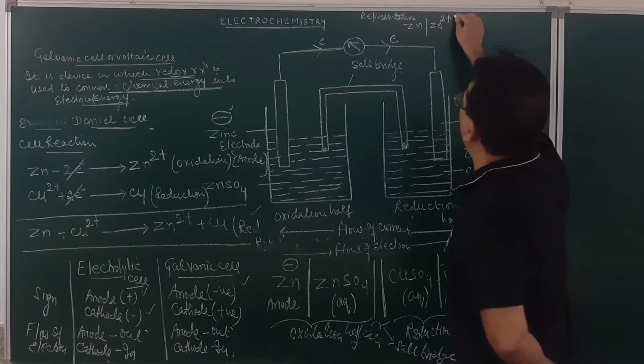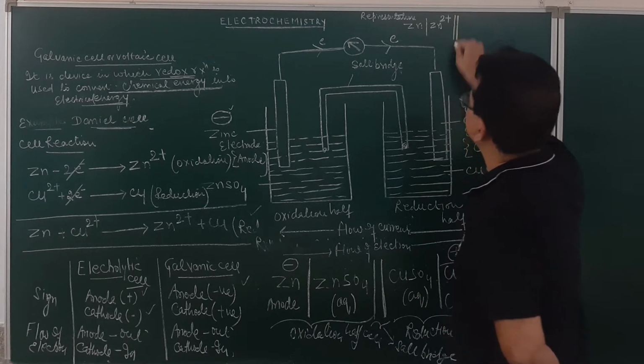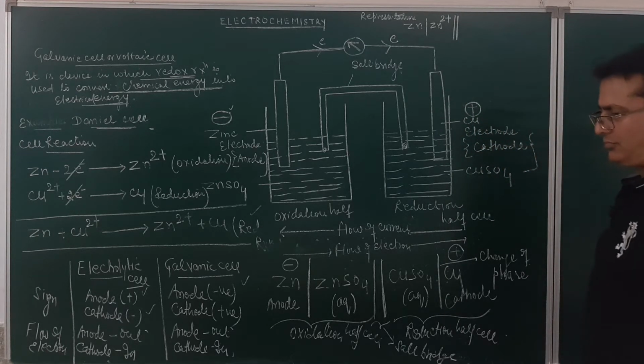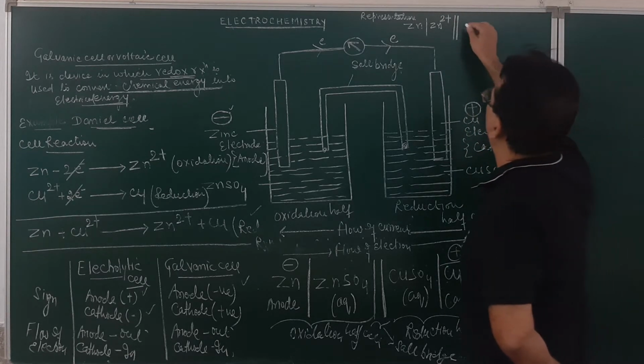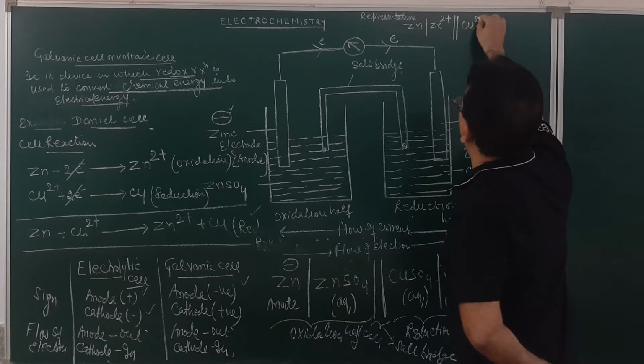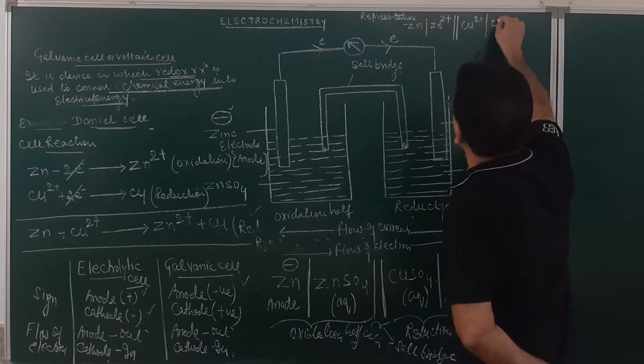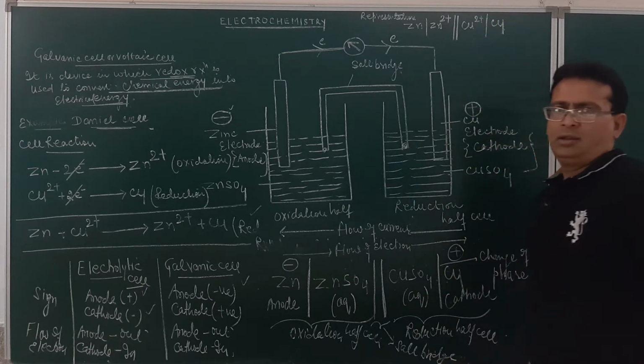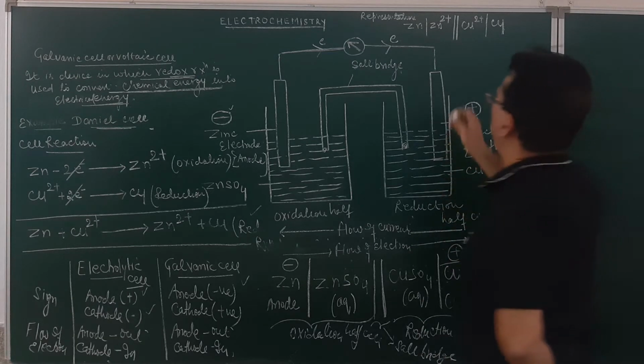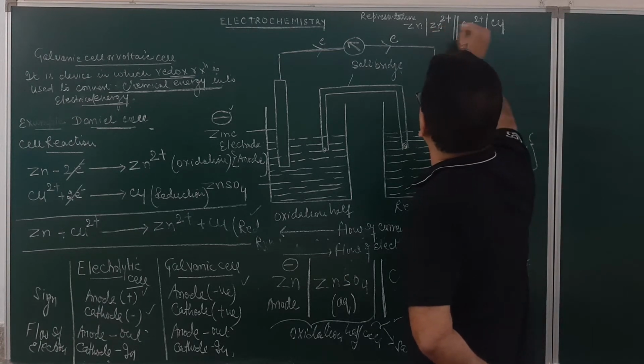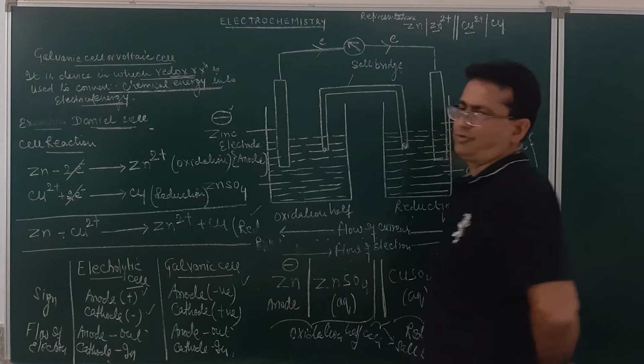Then you write the salt bridge. Then there is a copper electrode dipped in a solution of copper ion. Zinc ion and copper ion will both be aqueous solutions.